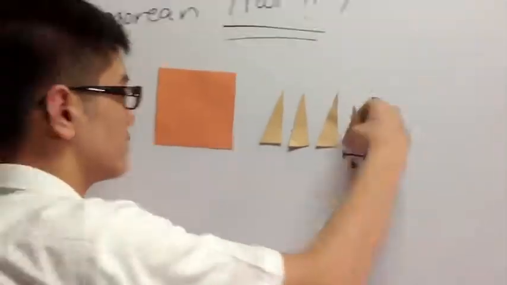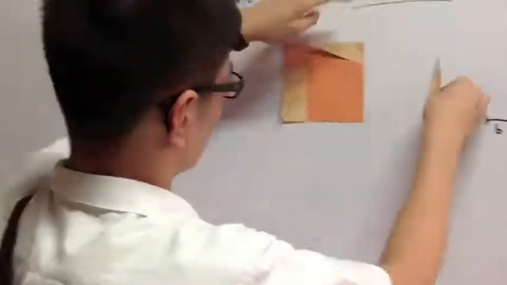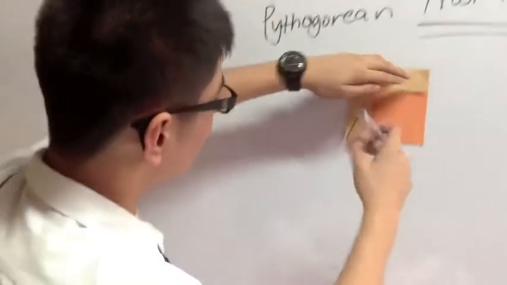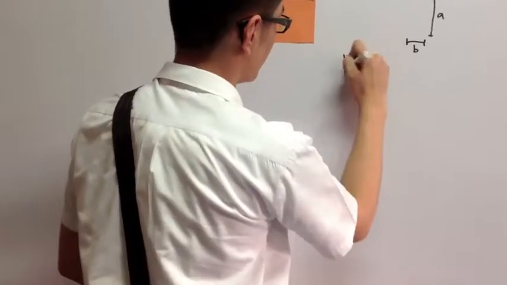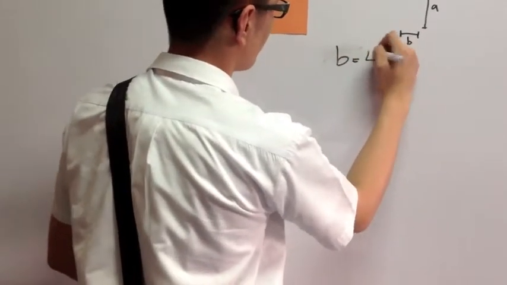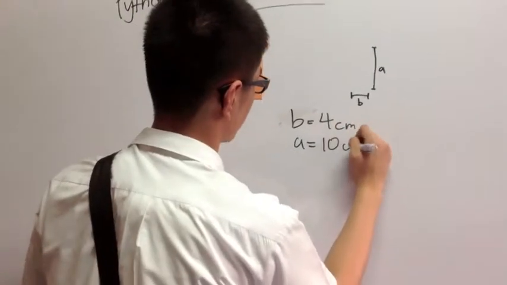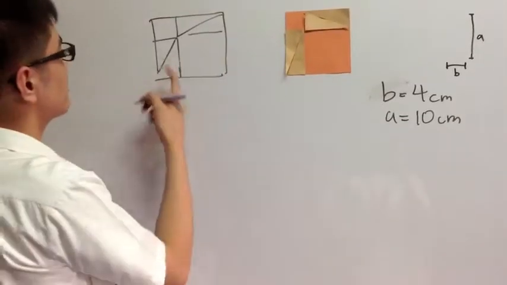Now I'll place the triangles inside the box. As you can see, we now have 2 boxes inside. So B is equal to 4 centimeters and A is equal to 10 centimeters. This is the same diagram.